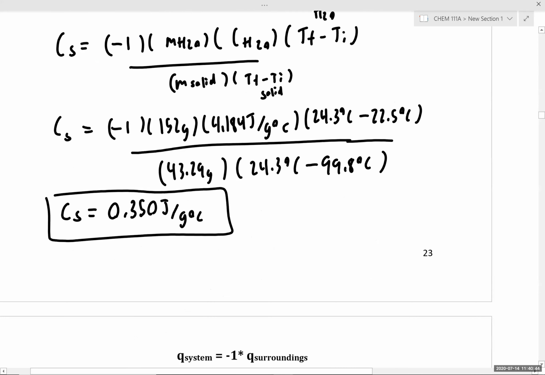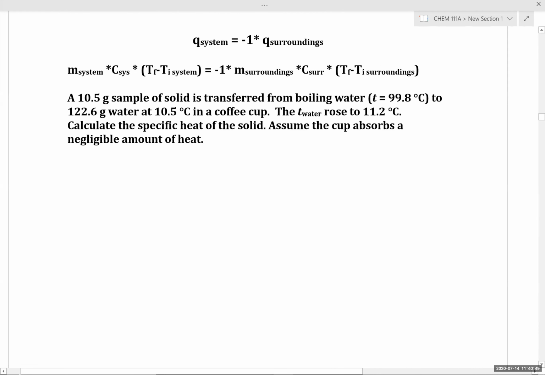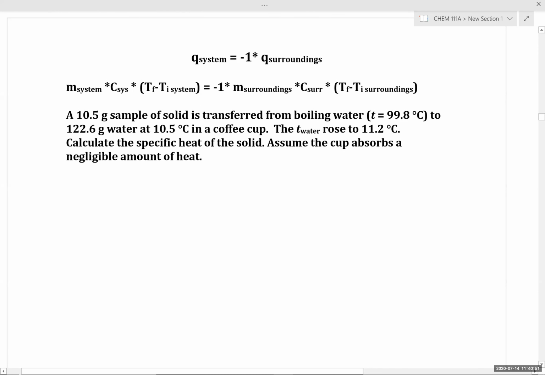Okay, so let's try to apply what we know, and let's look at the following example. And I'd like you to calculate the specific heat of a solid given the following information. And we'll discuss this example momentarily.